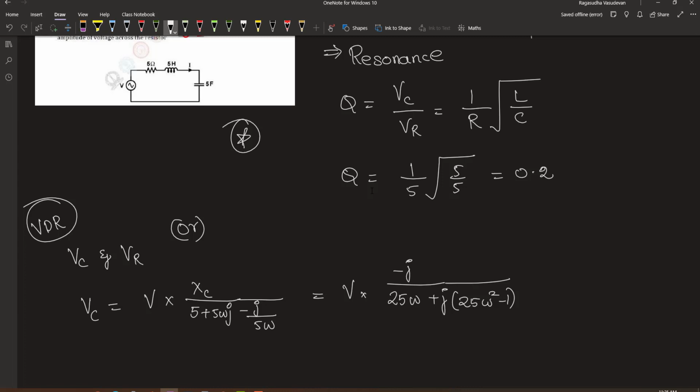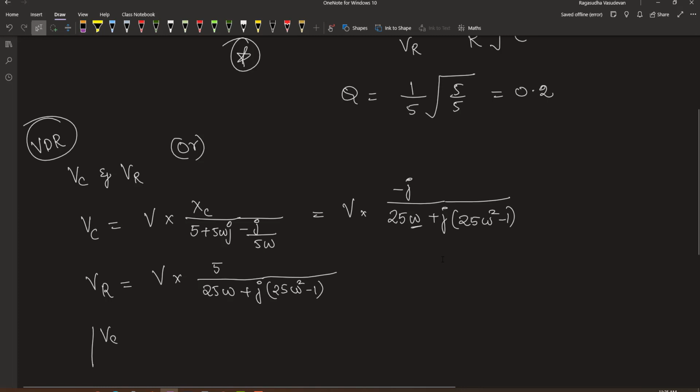We do not know the value of this omega, but let's just keep this aside. And the voltage across the resistance is given by the total voltage into 5 divided by the total impedance, which is again 25 omega plus j into 25 omega square minus 1.